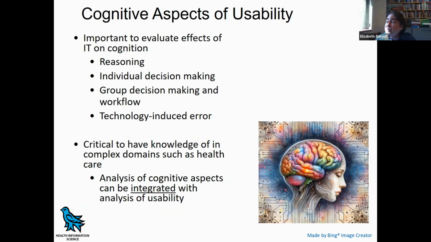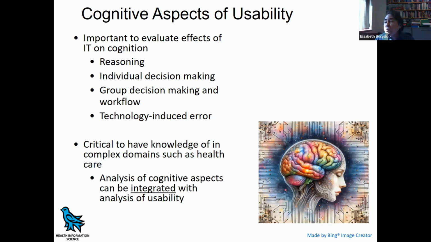Then we moved on to looking at, can we use the method to evaluate the impact of systems on things like clinical reasoning, individual decision-making, and group decision-making. And later on, Elizabeth will talk about how this expanded into looking at technology-induced errors.